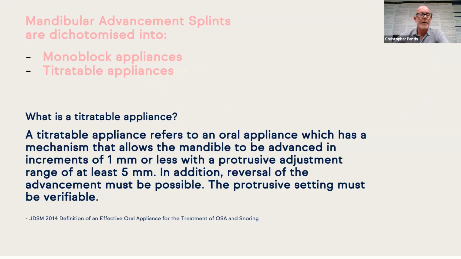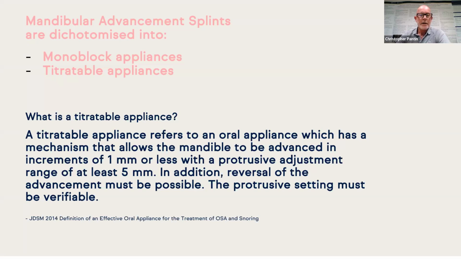Okay, so mandibular advancement splints can be dichotomized into monoblock and titratable appliances. So what is titratable? Well, we don't see many monoblocks around lately, but just to be thorough, and because I don't know the audience I'm speaking to, I'm going to start at the beginning. You often need to know the history before you know where you're going.